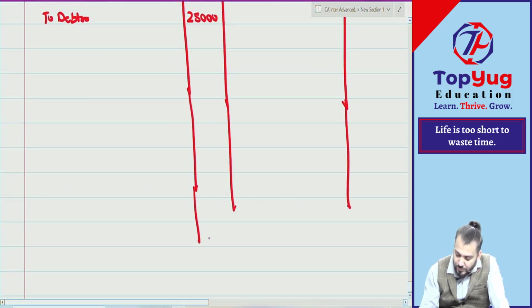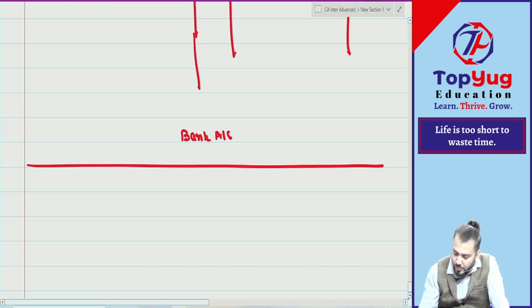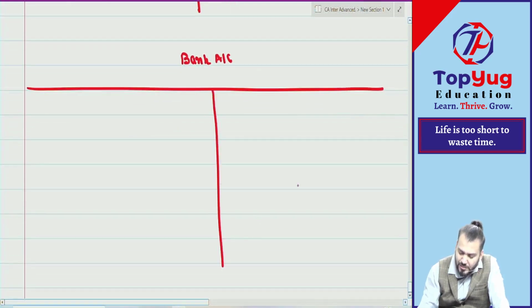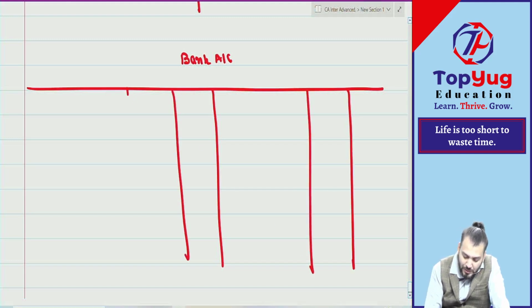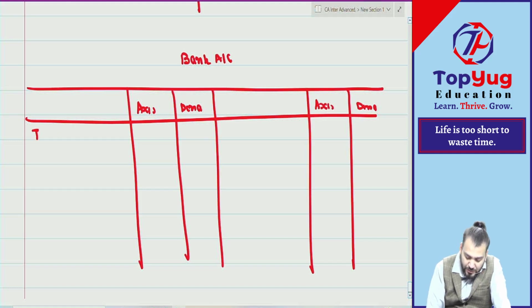Now let us prepare bank account. You can prepare bank account in two columns because there are two accounts, or you can prepare separately also, because they have asked you to prepare two accounts: Axis Bank and Dena Bank. Axis has which balance?